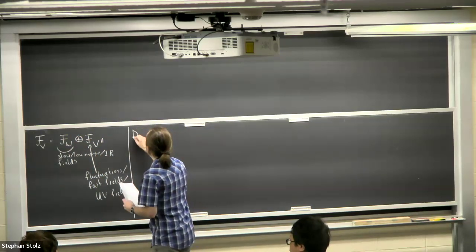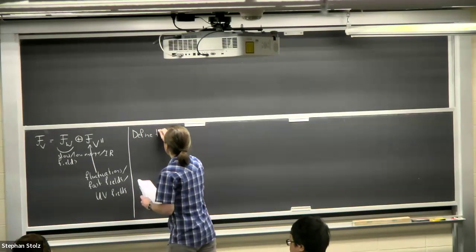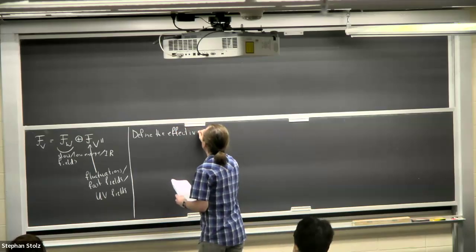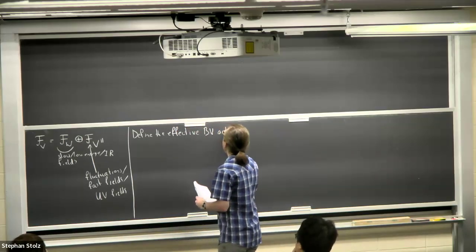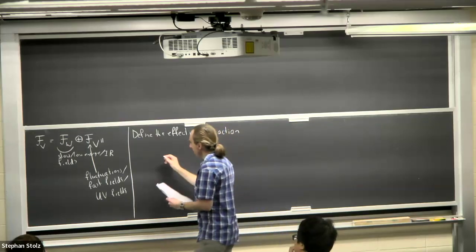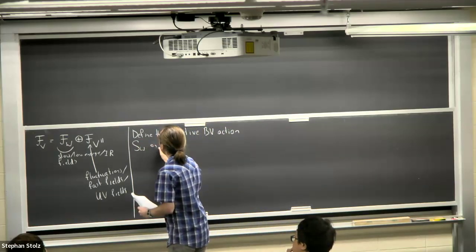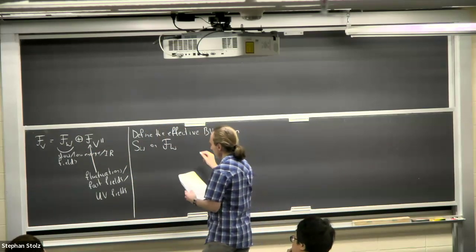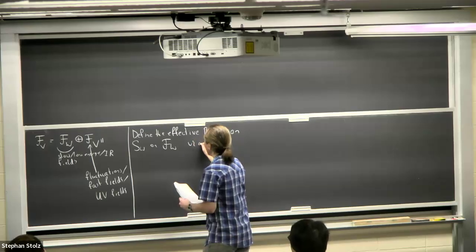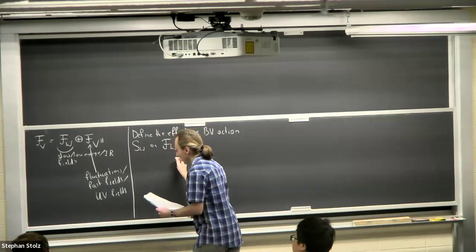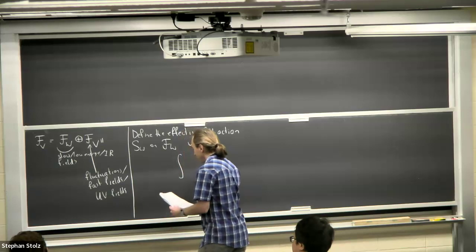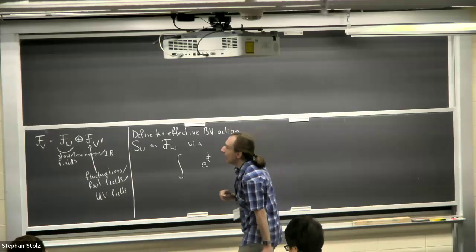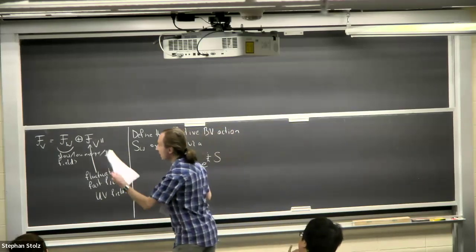So we want to define the effective UV action, S_W on F_W, using the following formula. We consider the exponential of i over h bar times our action on the big space.